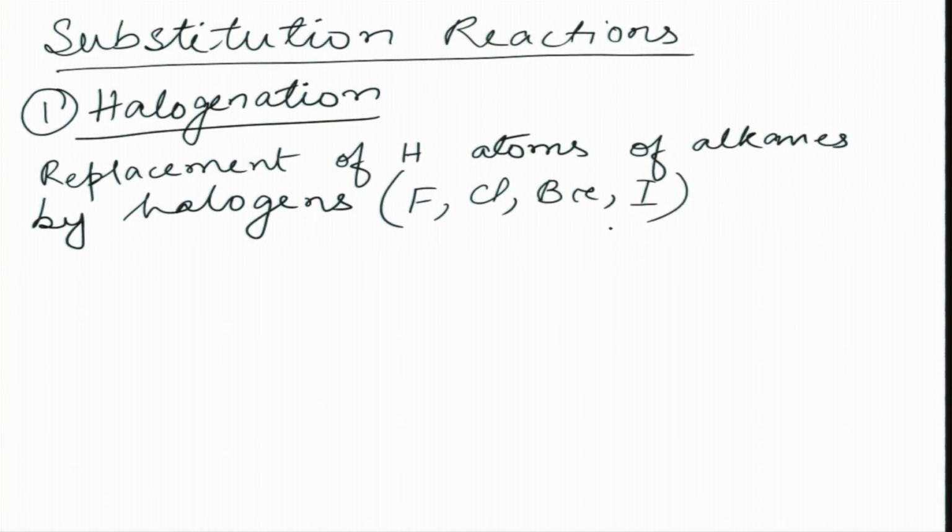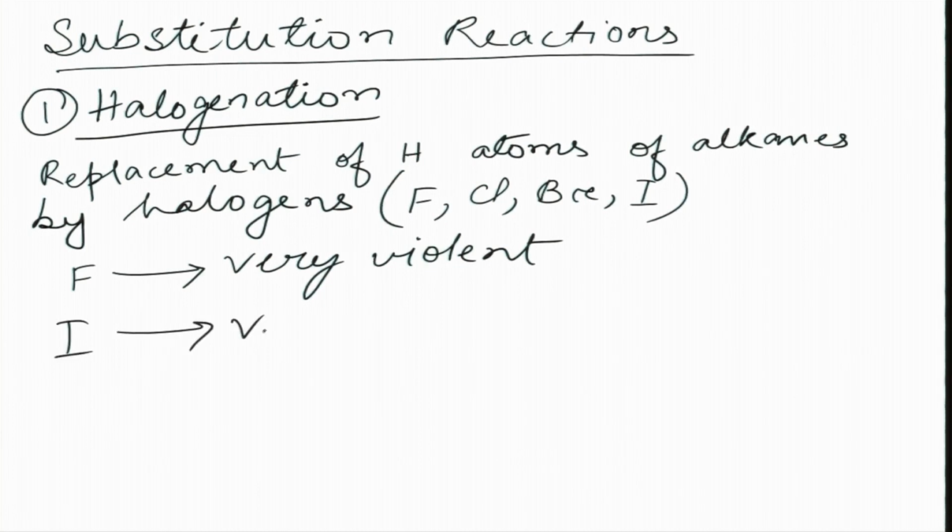Okay. Among them, replacement of fluorine, that is fluorination. Fluorination is very violent because fluorine is very highly reactive. So, fluorination is very violent and iodination is very slow. Chlorination and bromination occurs in general conditions.